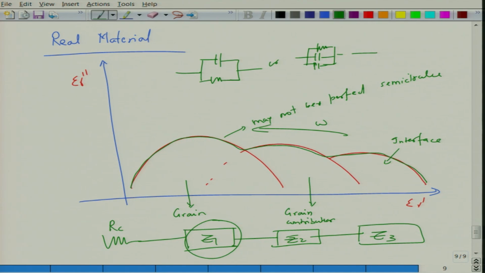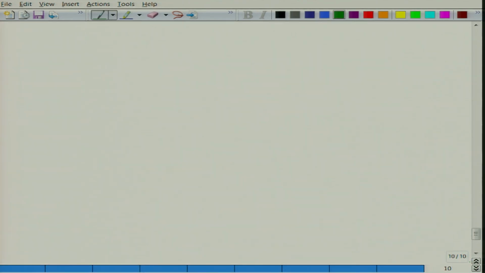So, what generally we do as a scientist is that in impedance spectroscopy, we first measure impedances, and convert these impedances. From these impedances we make plots of real and imaginary parts.